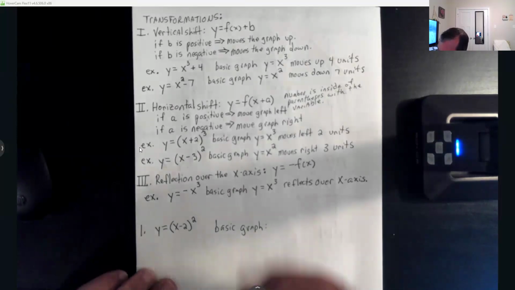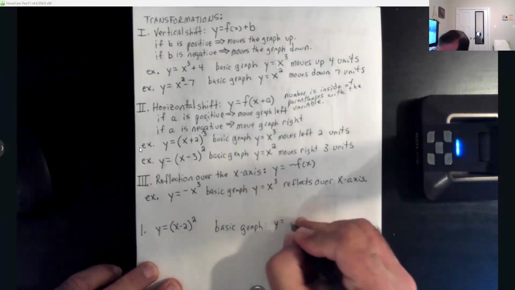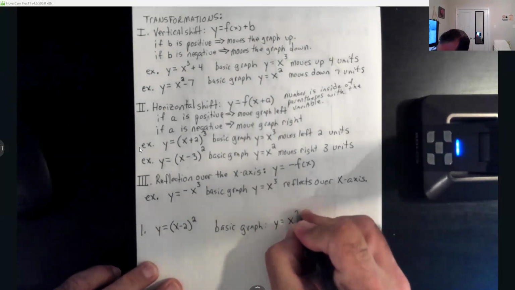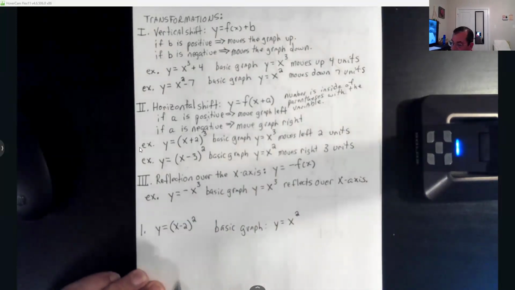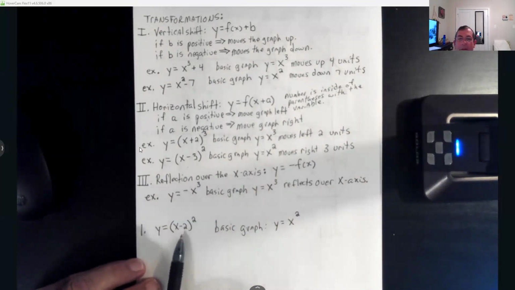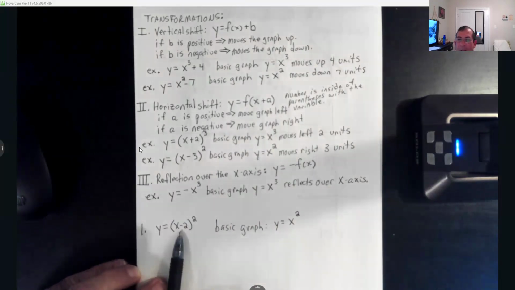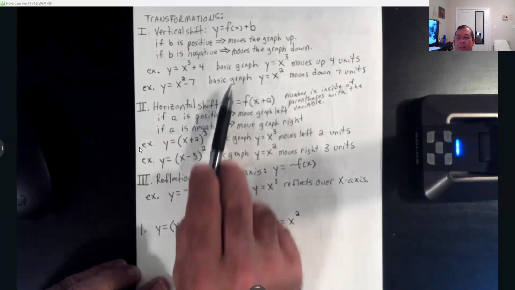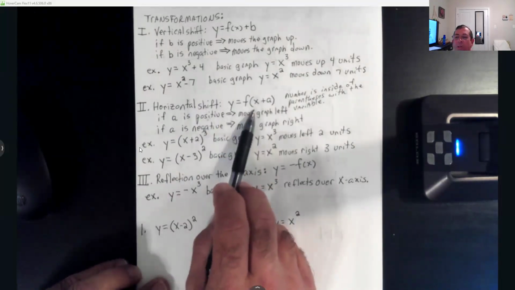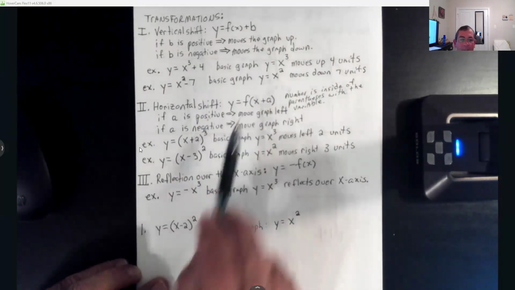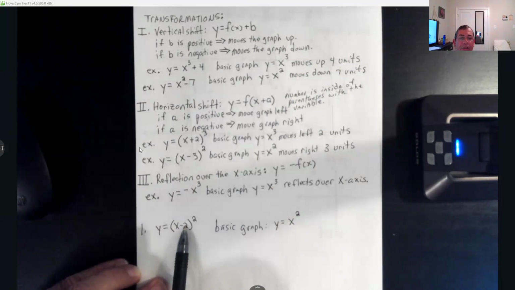So my basic graph will be y equals x squared. Now notice this. This one is using parentheses. That's the horizontal shift right here. Now this is being minus 2.